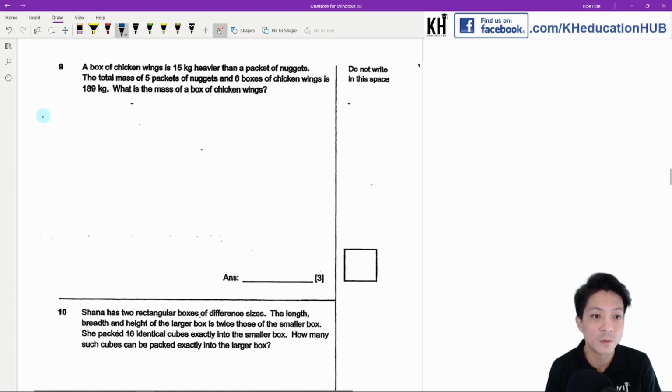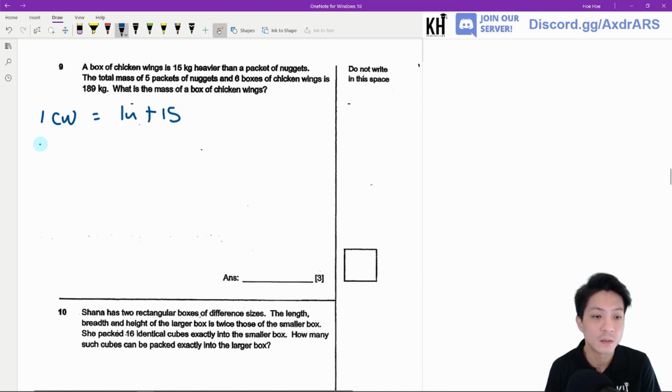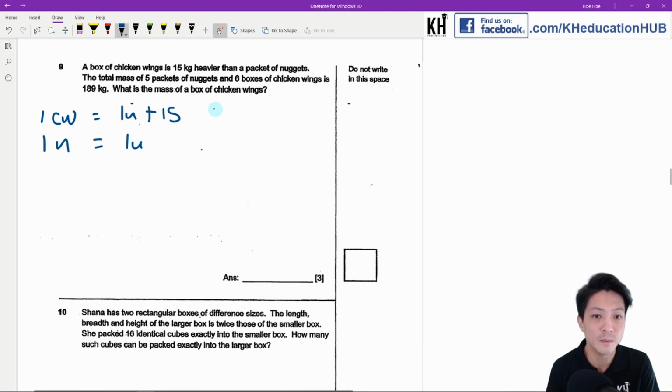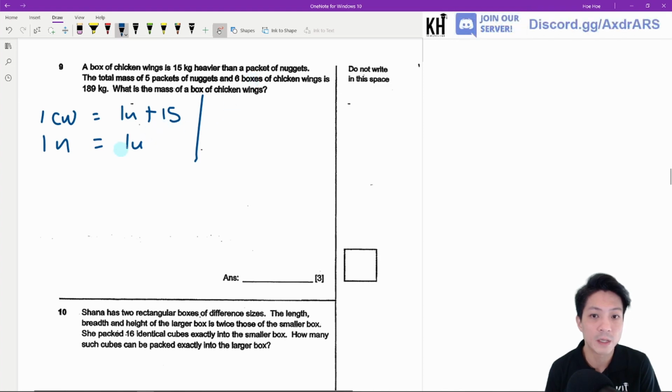A box of chicken wing, 1 box of chicken wing, is 1 unit plus 15. 1 packet of nugget will be 1 unit. Okay, 5 packets of nuggets.